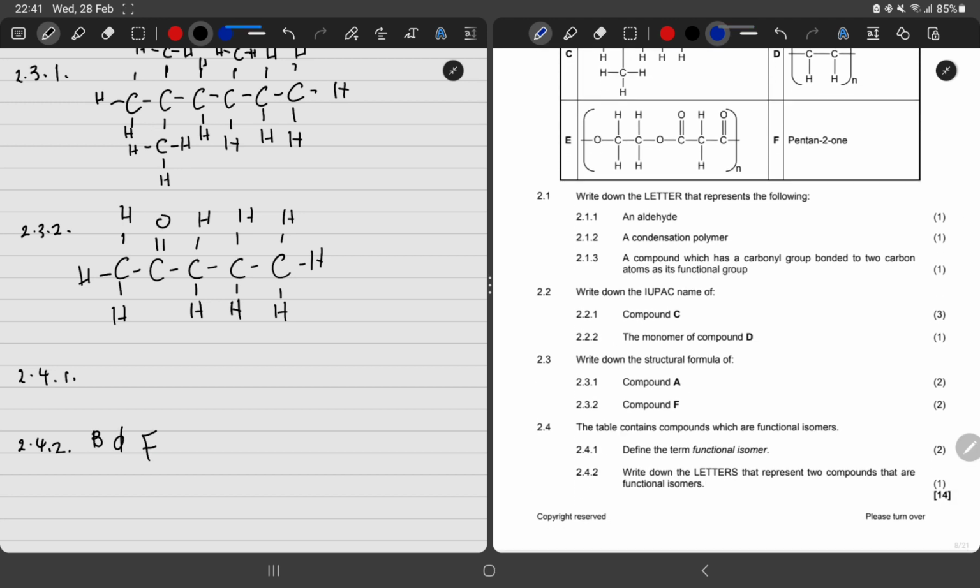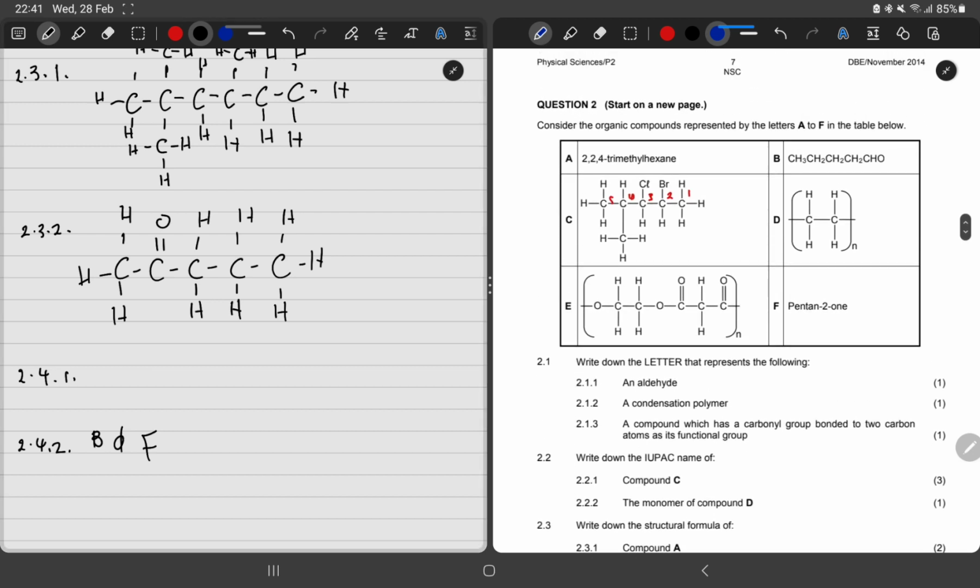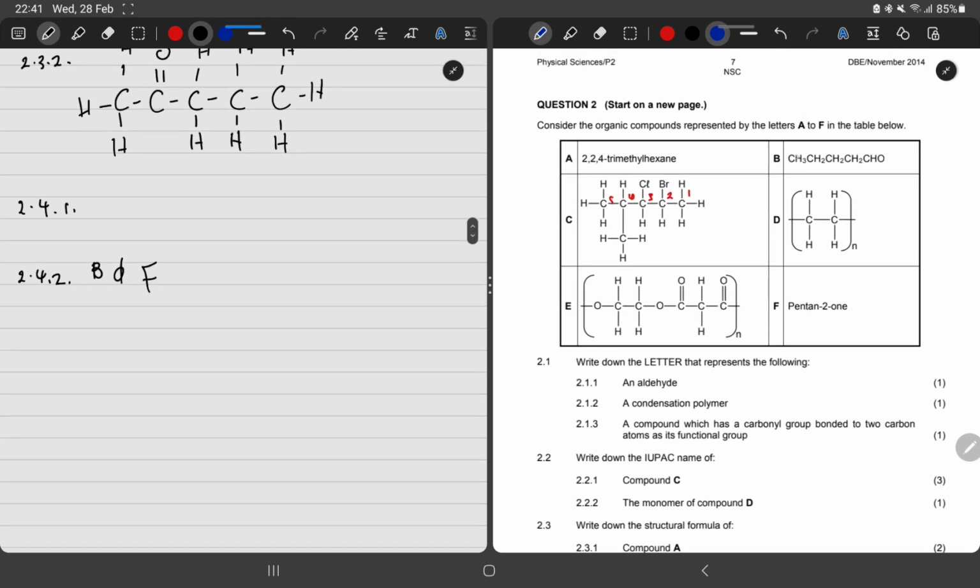B and F. So now let me explain. For B you have 1, 2, 3, 4, 5 carbons, C5, and hydrogens: 3, 5, 7, 9, 10, so H10, and then an oxygen.